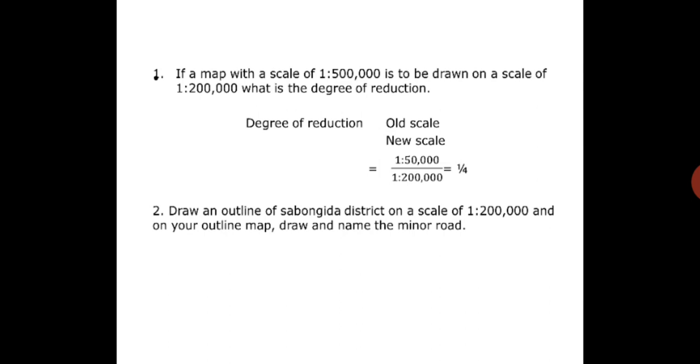2. Draw an outline of Sabongida district on a scale of 1:200,000. And on your outline map, draw and name the minor road.